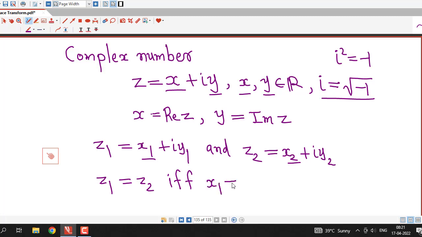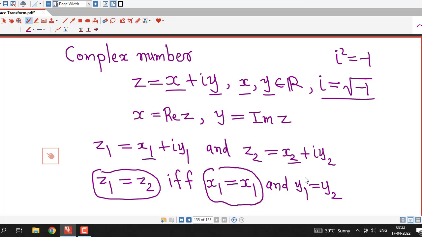That is, if and only if x1 and x2 are equal and y1 and y2 are equal. So this means two complex numbers are equal if and only if they have equal real and equal imaginary parts.